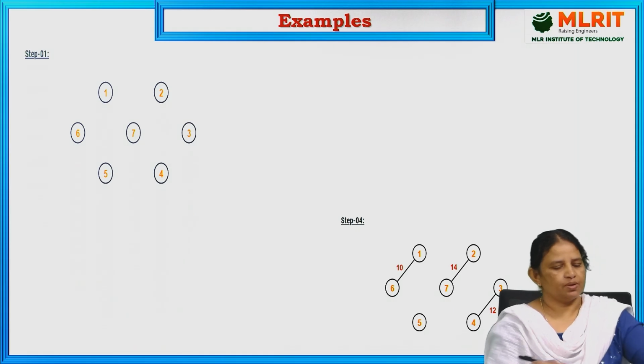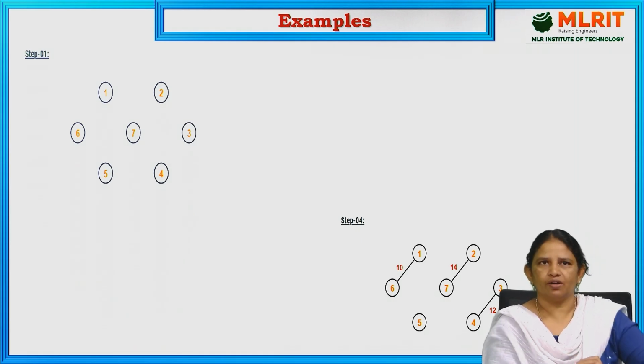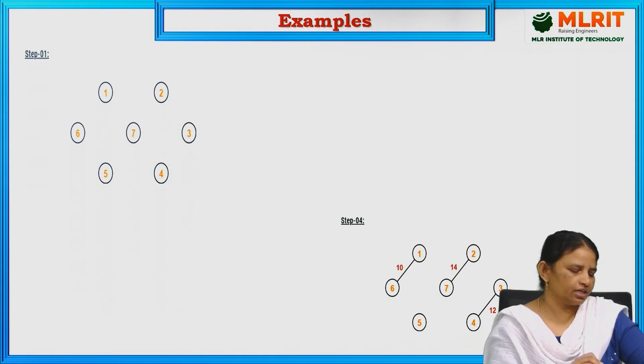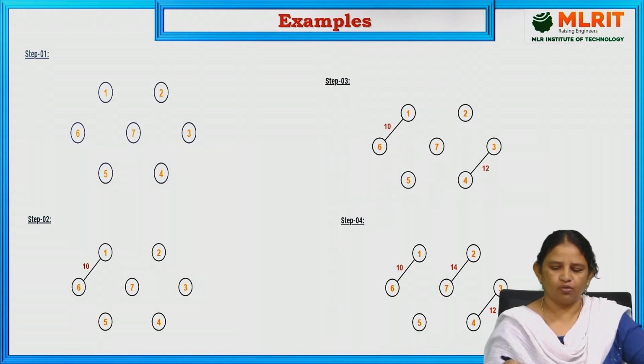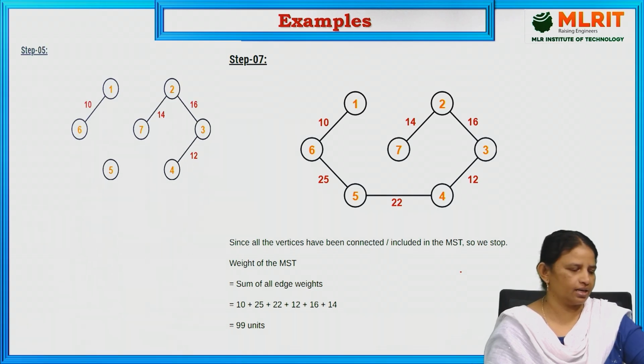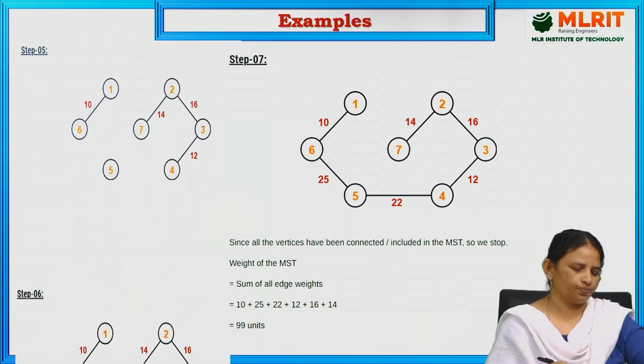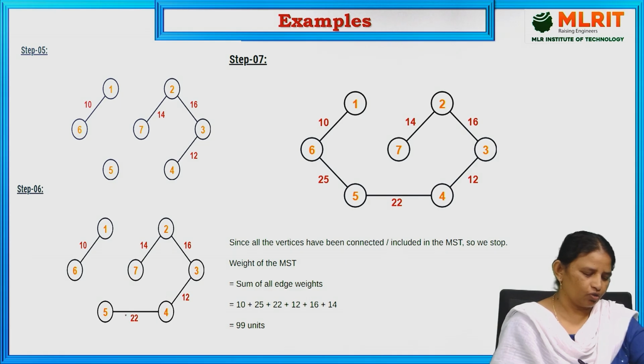So what is step number 1? We have to write all the vertices in step number 1. The least cost is 1 to 6. Next least cost is 3 to 4. Next least cost is 2 to 7, included in the spanning tree. Then after that the next least cost is 2 to 3. After that 5 to 4 is the next least cost. Then 6 to 5.